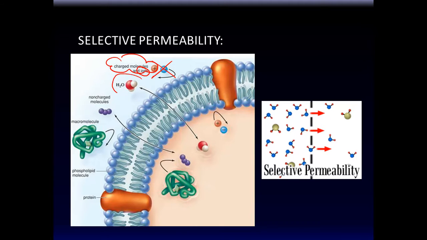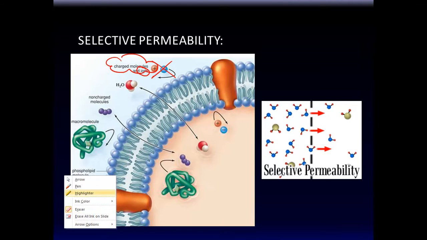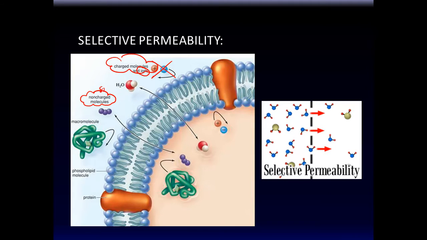Small molecules that are not charged, like water, ta-da, go in and out at free will. So water has no trouble going in and out of the membrane. Also other small non-charged molecules can get in, just like water can. Water is basically a non-charged molecule anyway, right?